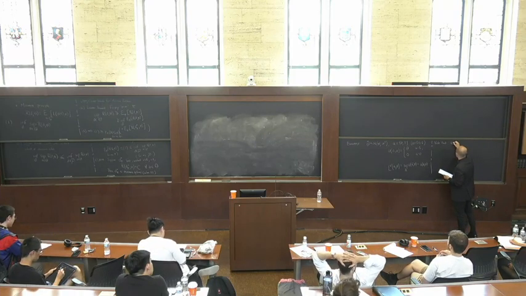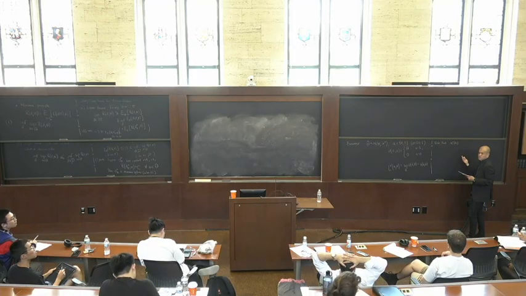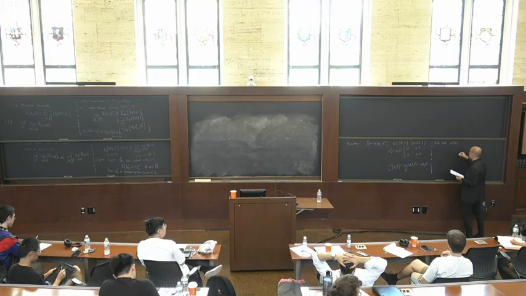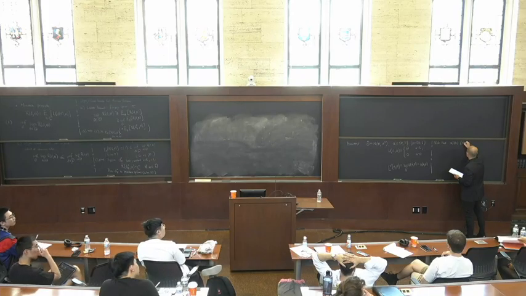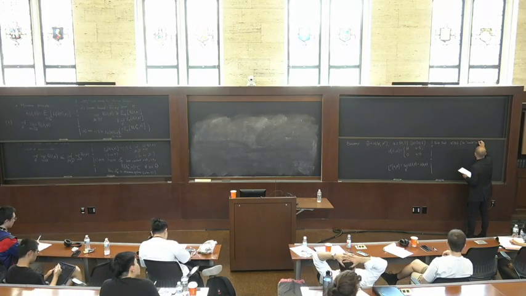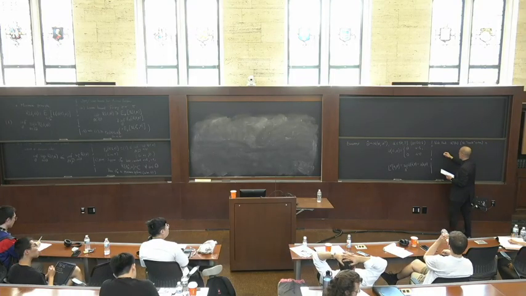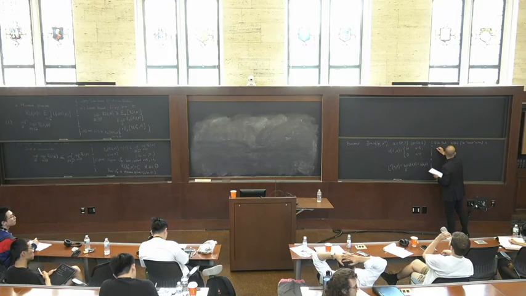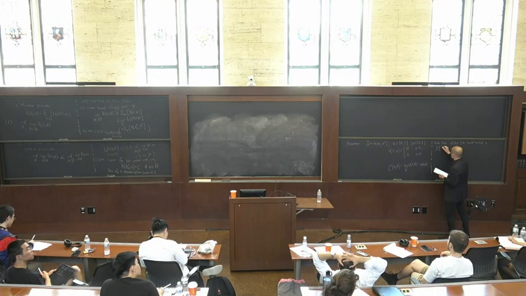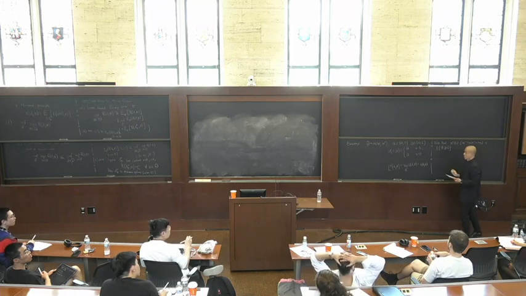so if I call it A star of theta, which is the oracle action, you can write this as the indicator function of theta larger than or equal to 0.